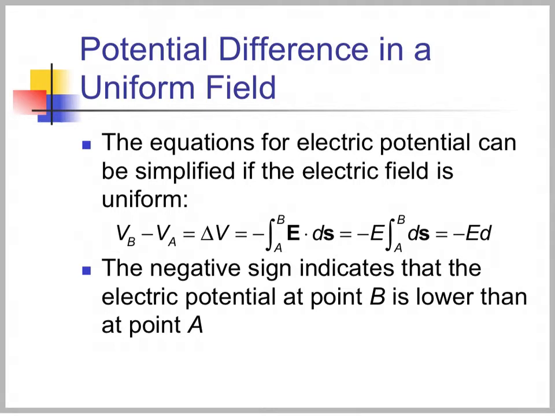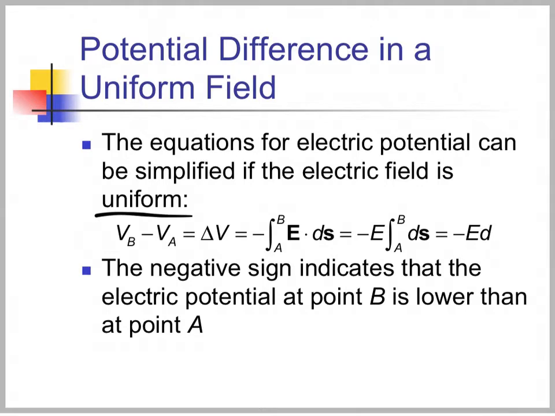Now, what about the potential difference in a uniform field? Well, the equation for electric potential can be simplified if the electric field is uniform. Remember, this can only be applied if the electric field is uniform.